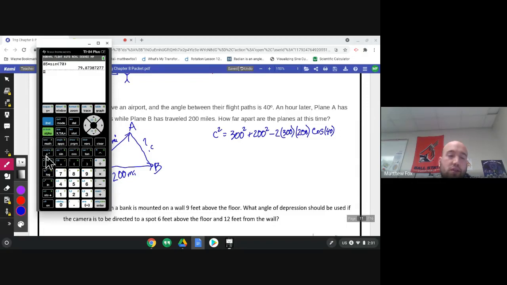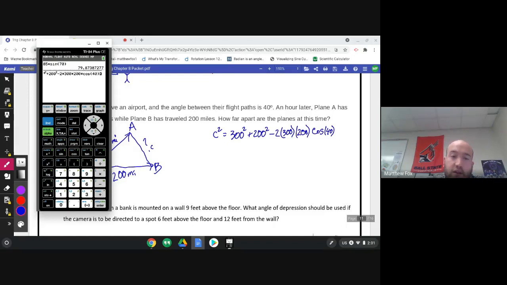So second square root. Now 300, I'll square it, plus 200 squared, okay, minus 2 times 300 times 200 times the cosine of 40.